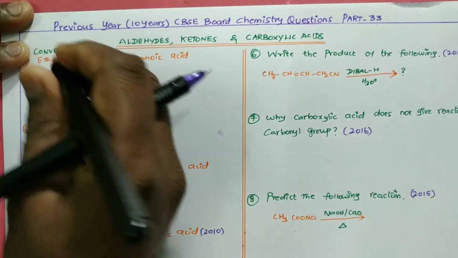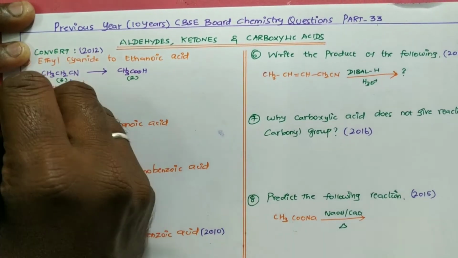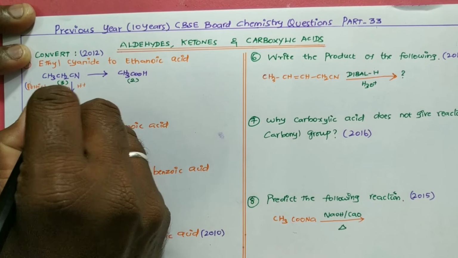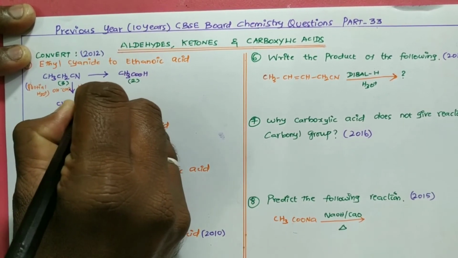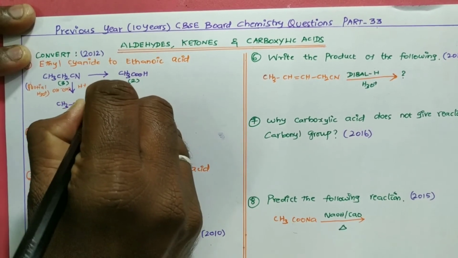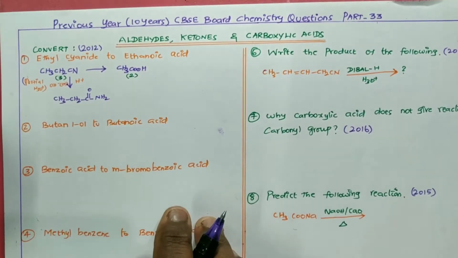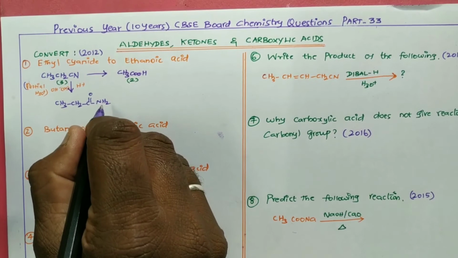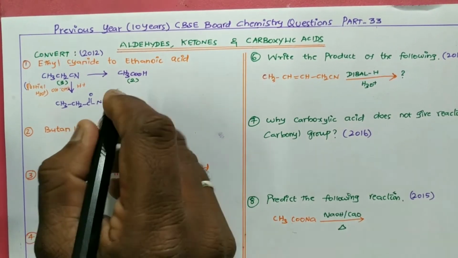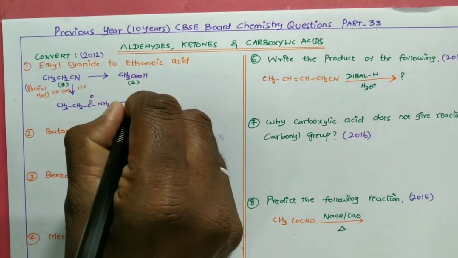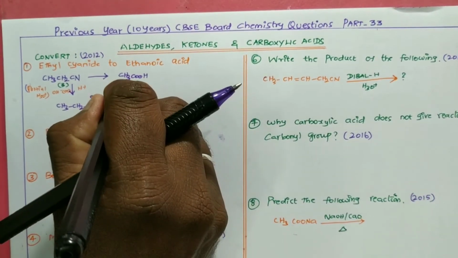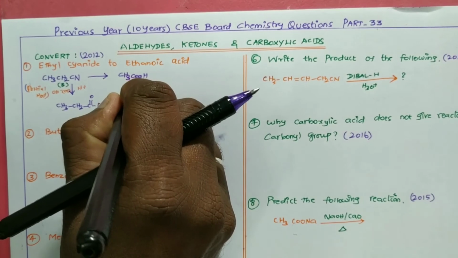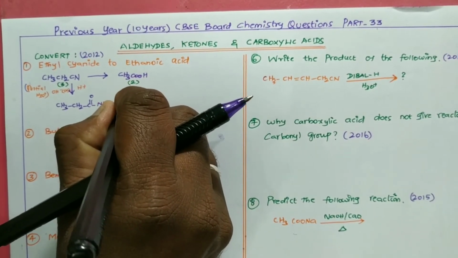If you do partial hydrolysis, you will get the product CH3CH2C double bond O NH2. Once I got this product, this is nothing but an amide. Then I have to do the Hofmann bromamide reaction in presence of sodium hydroxide or KOH and bromine.